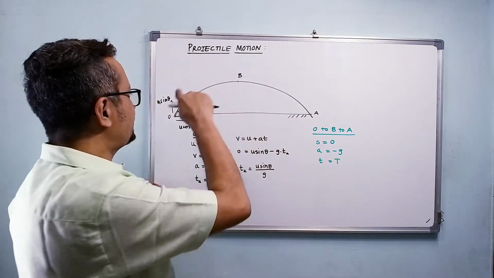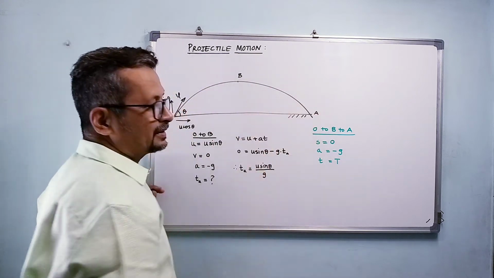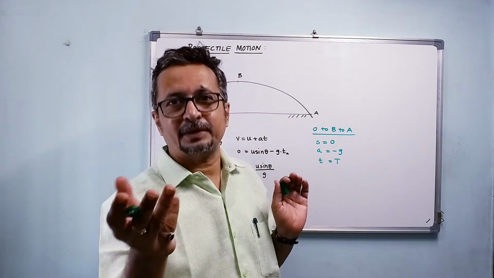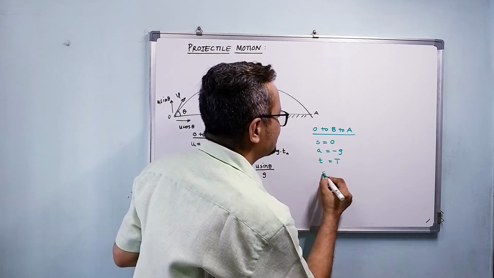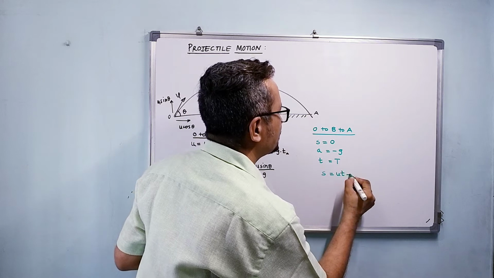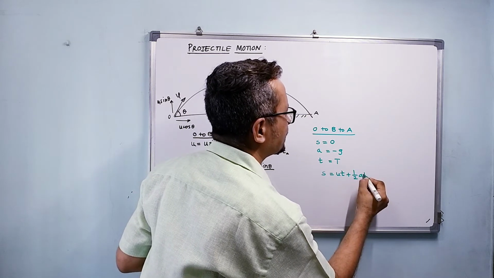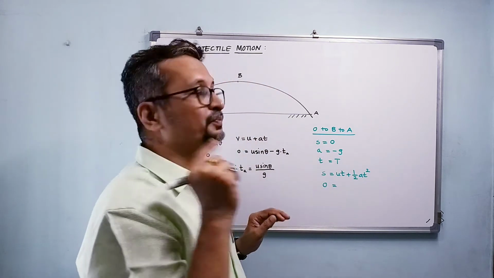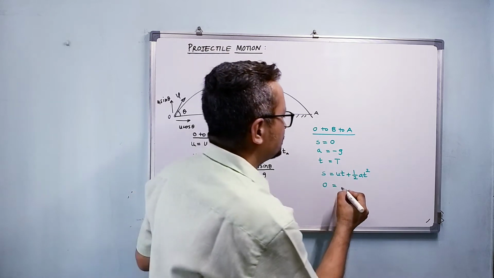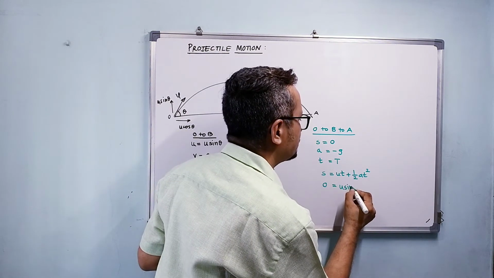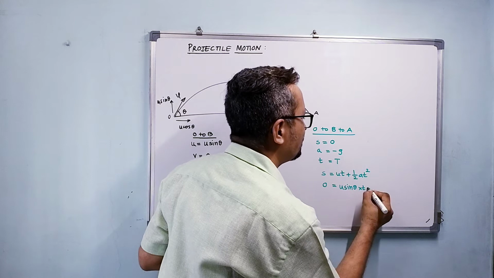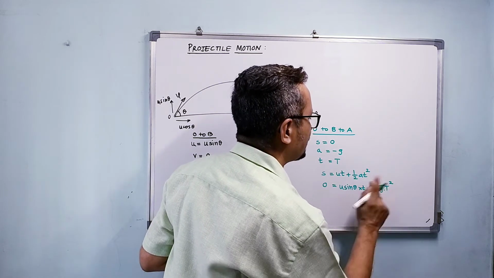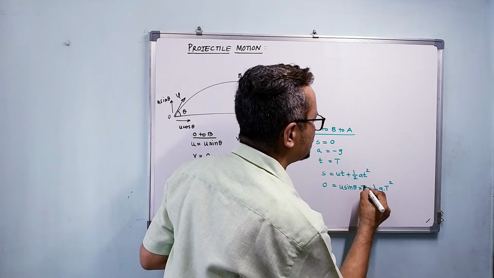Okay, time taken from O to A. Okay, so let us use second kinematical equation again. So S is equal to ut plus half at square. Correct? My displacement is 0, vertical displacement is 0. Initial velocity is how much? It is u sine theta into t minus half g into t square. Even this is capital T, total time we are taking, right?